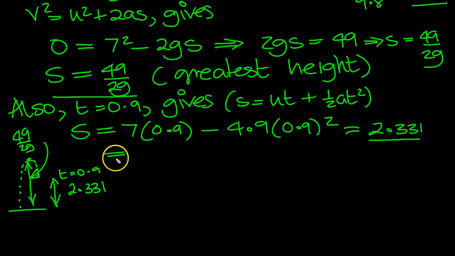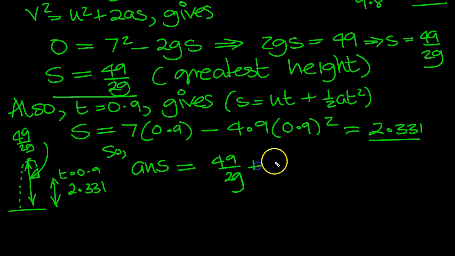So the total distance travelled, which is the answer, when it gets to 0.9, is 49 over 2g going up, and we'll add another 49 over 2g.